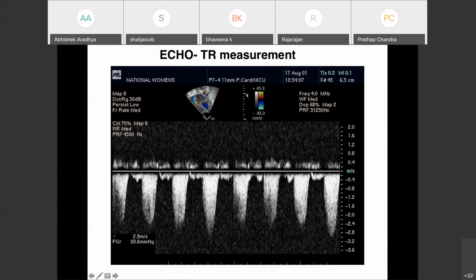And then whatever you get below this line is your velocity across the tricuspid valve. And based on the velocity, the pressures can be calculated using the standard formula. So this baby has got a significant tricuspid regurgitation.